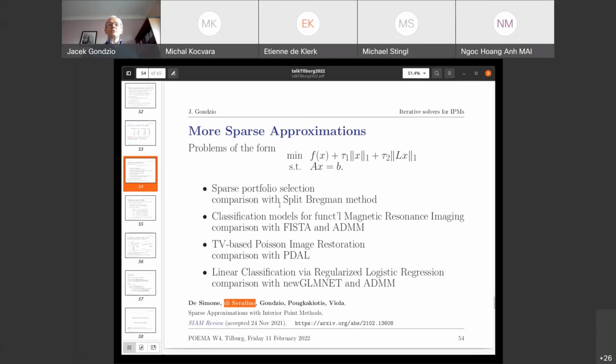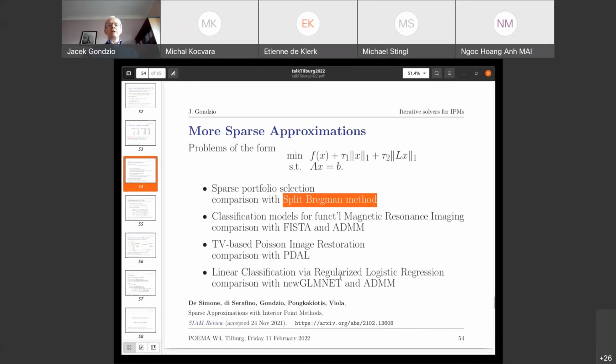In each case, we compare interior point, generic interior point, with the best possible first-order method for this specific problem. So for portfolio, this is the split-Bregman method. For magnetic resonance, we compare it with FISTA and ADMM. For TV-based Poisson image restoration, this is the primal dual augmented Lagrangian, PDAL.